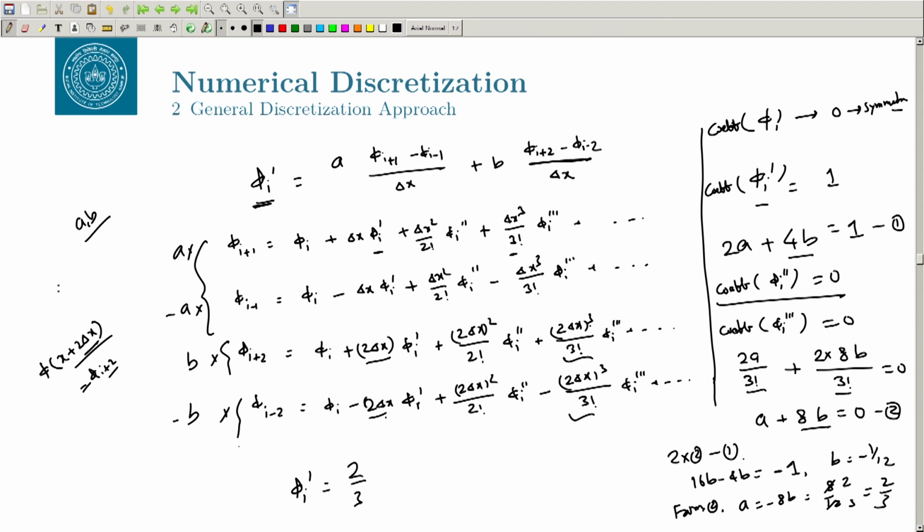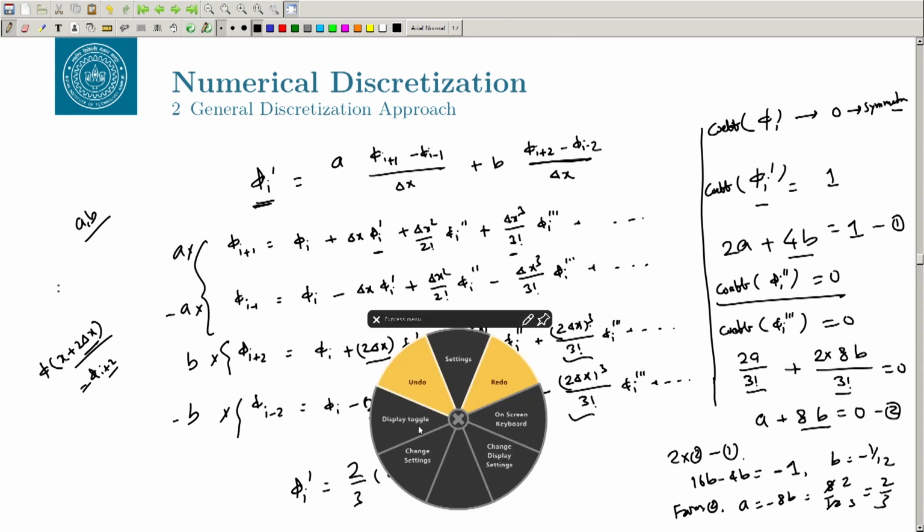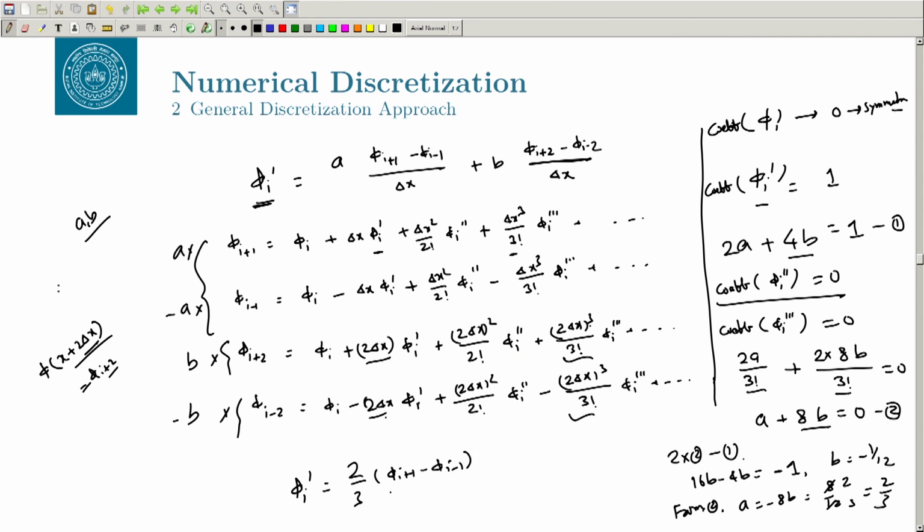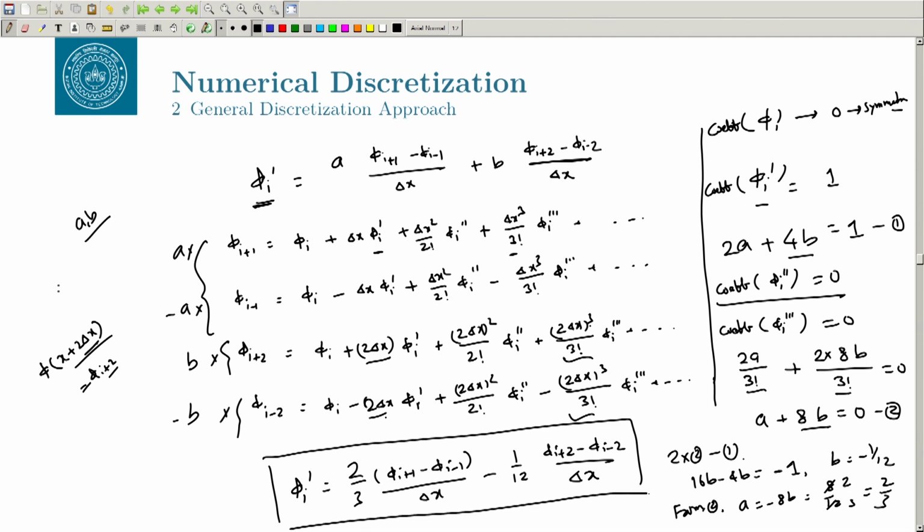So, your phi I prime will become 2 by 3 times phi I plus 1 minus phi I minus 1 by delta x, and minus 1 by 12 times phi I plus 2 minus phi I minus 2 by delta x, right. Just by using our Taylor series, we got these values.